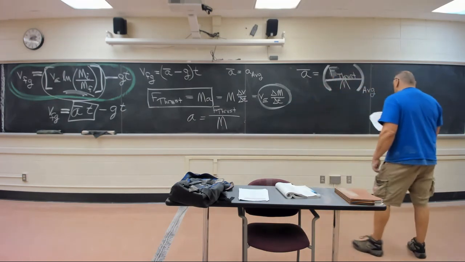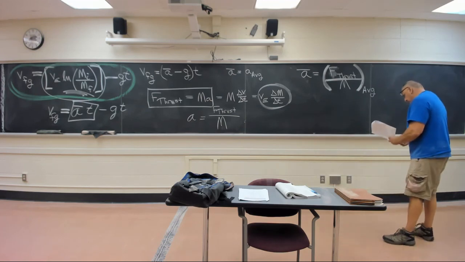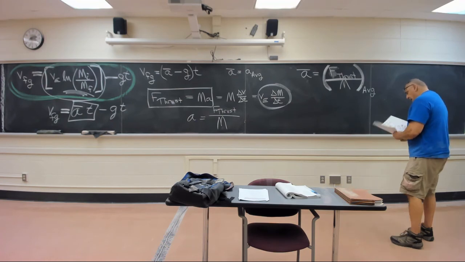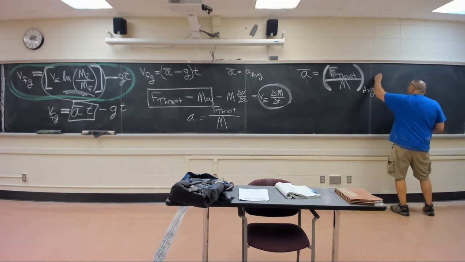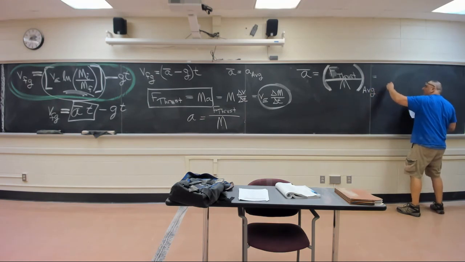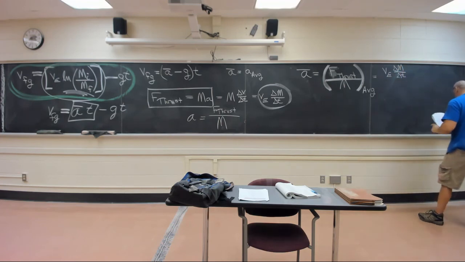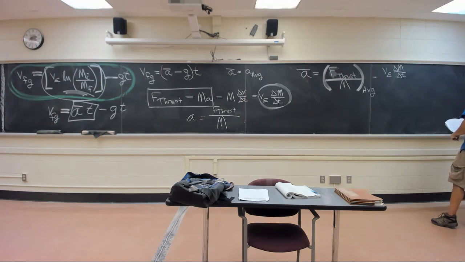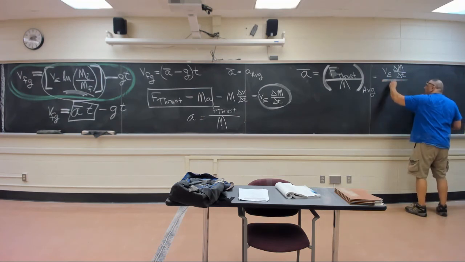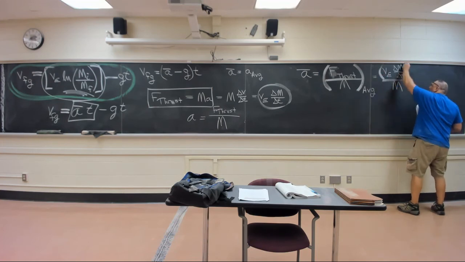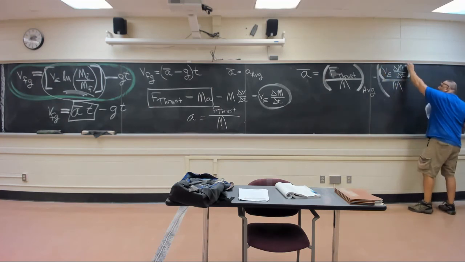I just want to argue this point a little bit, guys. Is it true that F thrust is VE delta M over delta T? They told us this is fine. That's F thrust, divided by M. This thing right here, and that whole thing, the average of that.